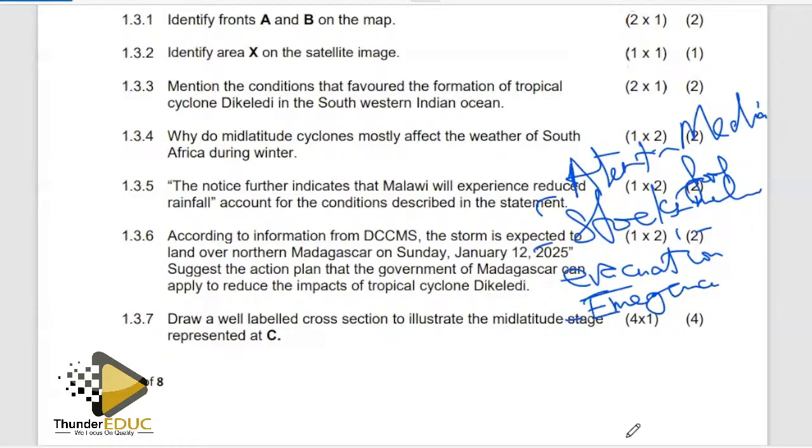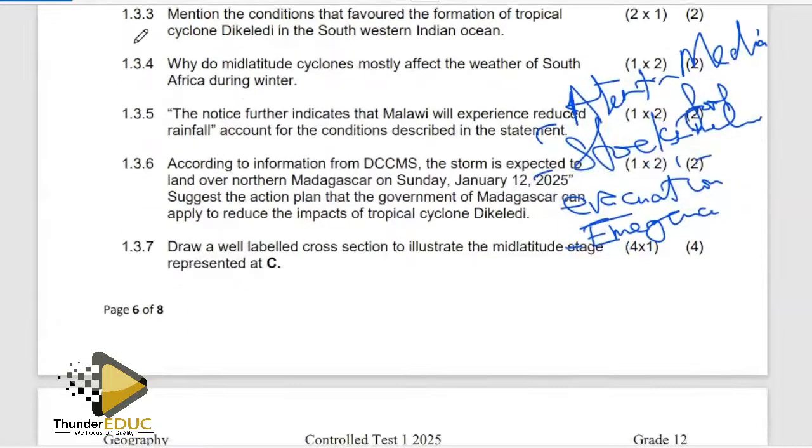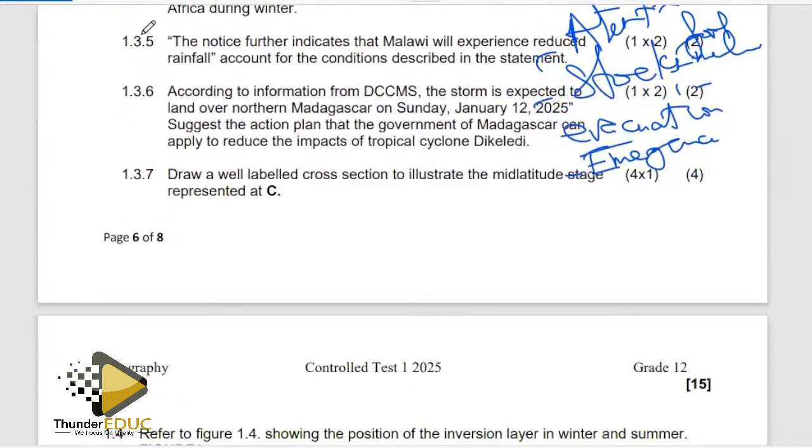They must know when the storm is making landfall so that they can take precautionary measures against the side effects likely to be posed by the coming storm. So there are so many that you can talk about, but that is just a highlight of what you can discuss. Then, draw a well-labeled cross-section to illustrate the mid-latitude stage represented at C.